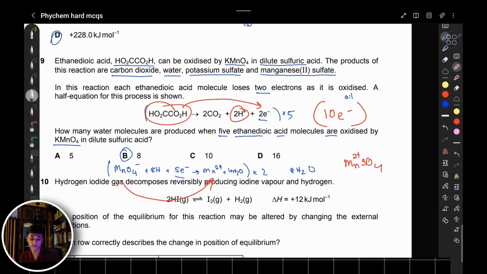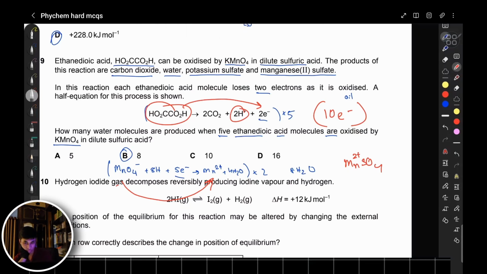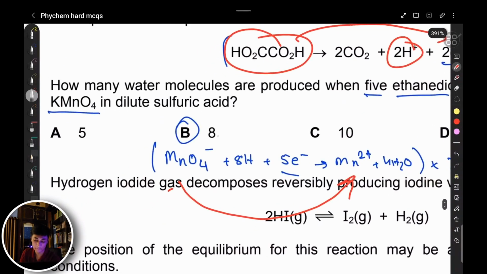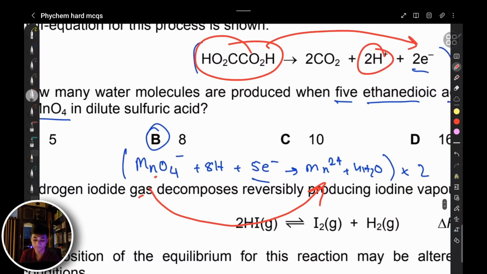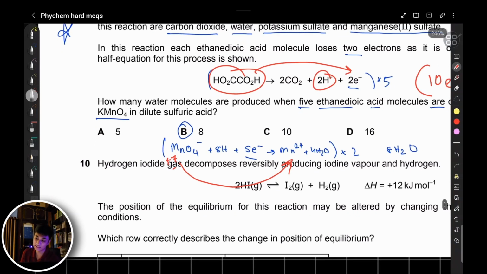Sulfate is a spectator ion, so we have not written that. What is the charge of manganese over here? Minus 2 times 4, which is minus 8, so plus 7. So manganese is going from plus 7 to plus 2. How many electrons is it gaining? 5. Great. So it's gaining 5 electrons.